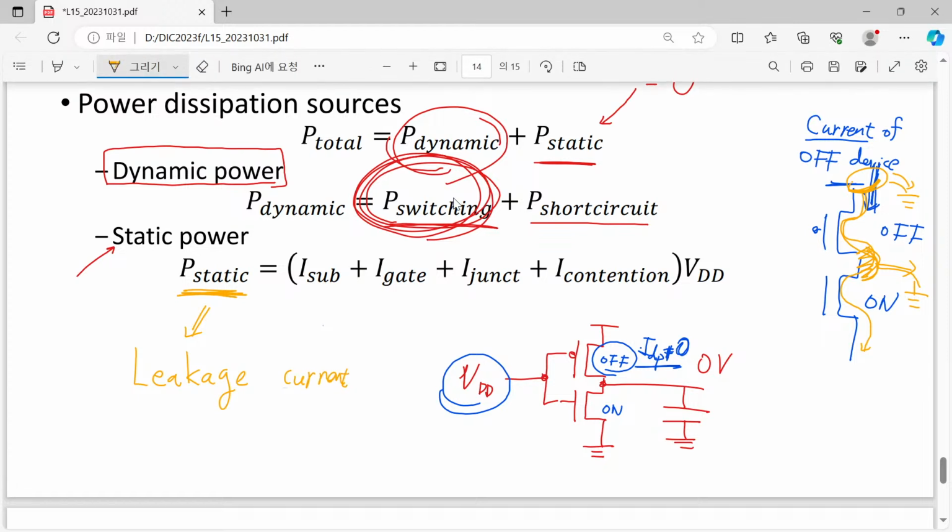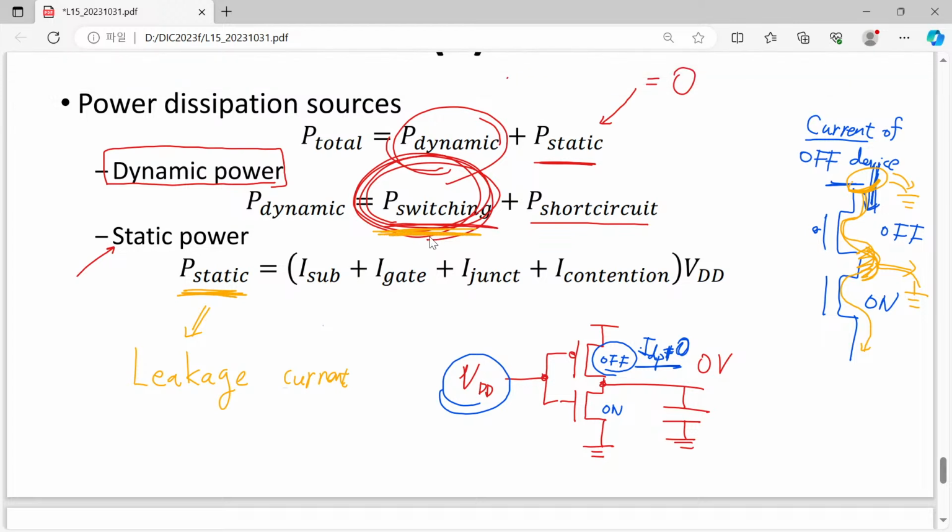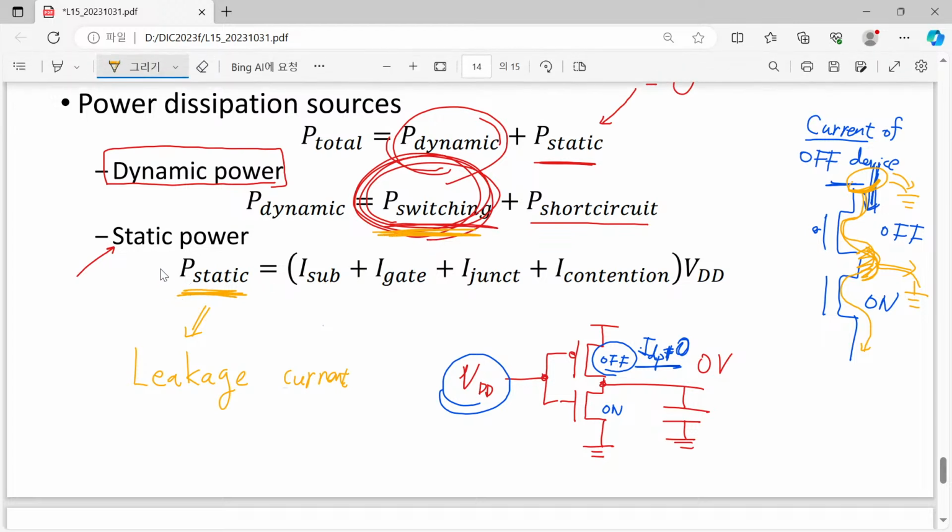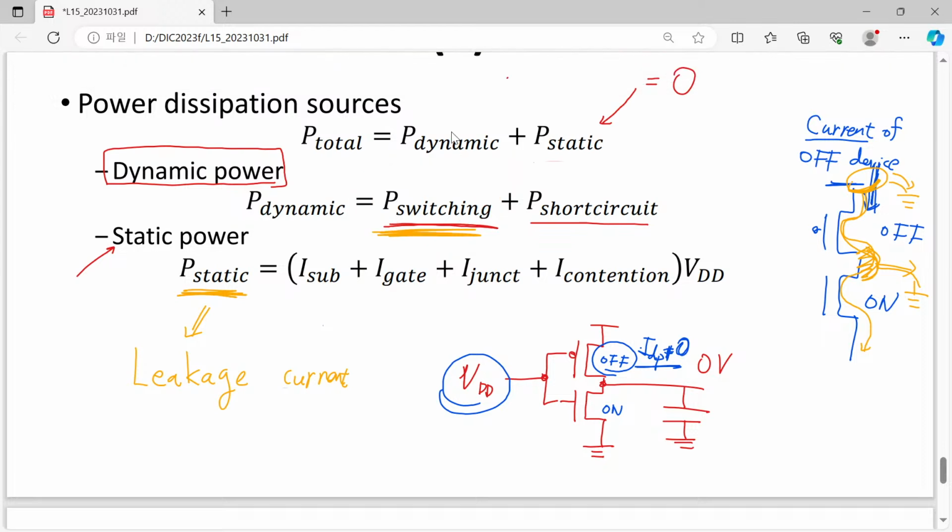If the switching power consumption is quite dominant over static power consumption, if the static power consumption is negligible compared to the dynamic power consumption, then of course we do not care that much about the leakage current.